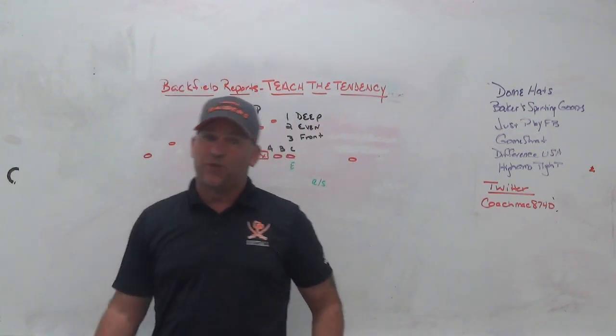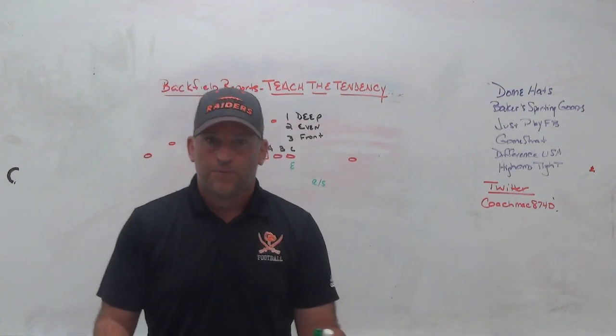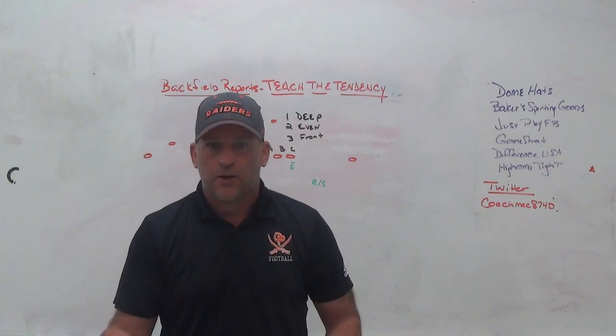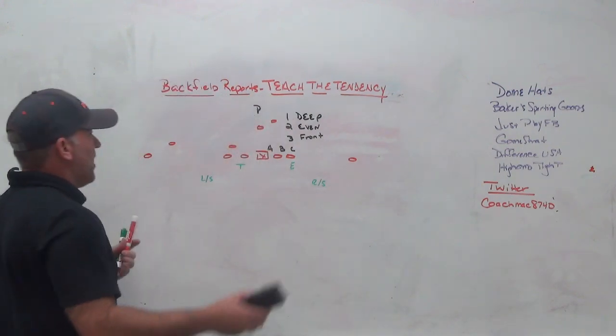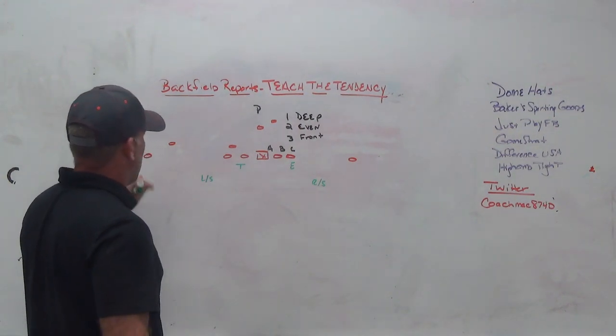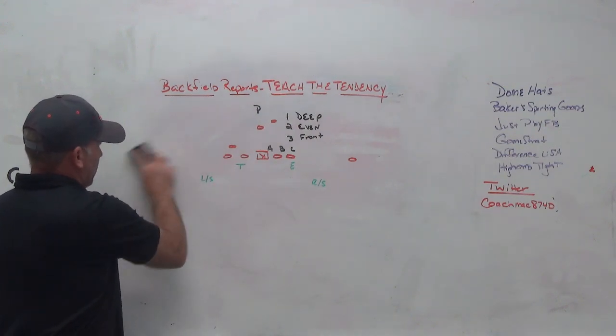So when he's in that deep position, you're going to start teaching your players, based on where they are, the runs to expect based off the tendency of where the back is. How might that affect you? Just for argument's sake, say I'm talking to my left safety right now, and I'm going to take the receivers out for a minute.